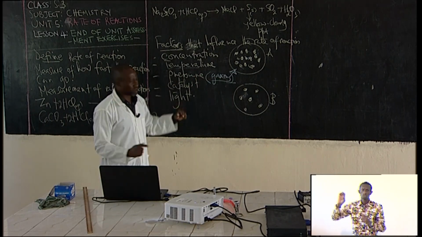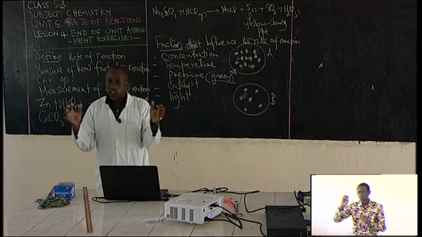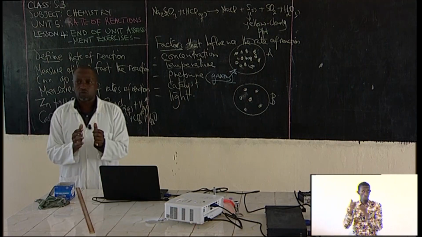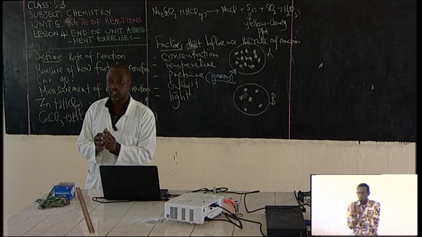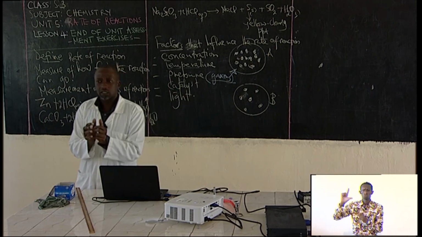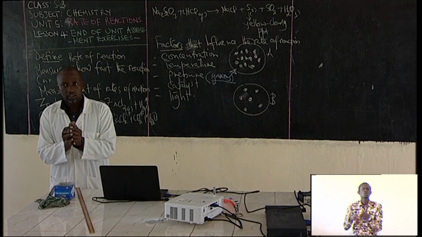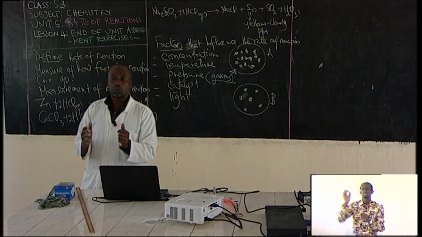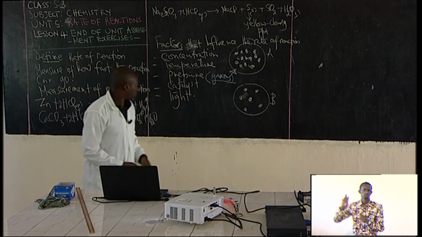The same applies because it makes sense when the gaseous molecules are squeezed together in a small volume. What happens? Small volume means what? More particles coming close together. And as a result of that, effective collisions take place, and the reaction will be faster.